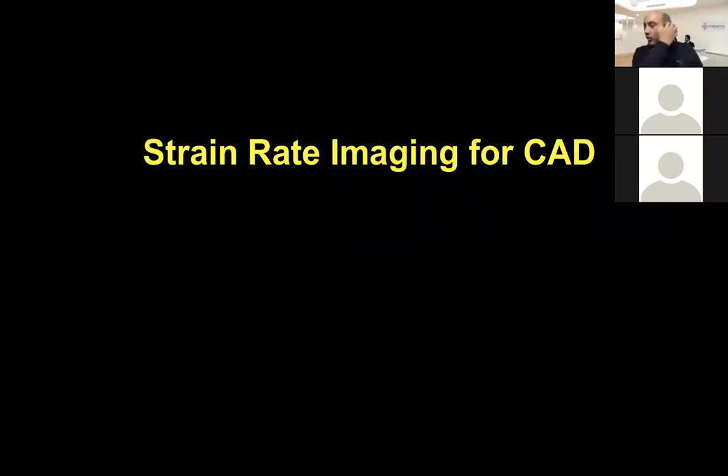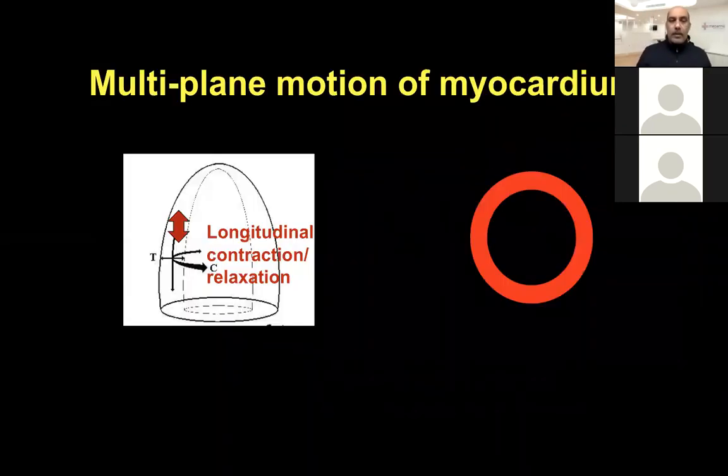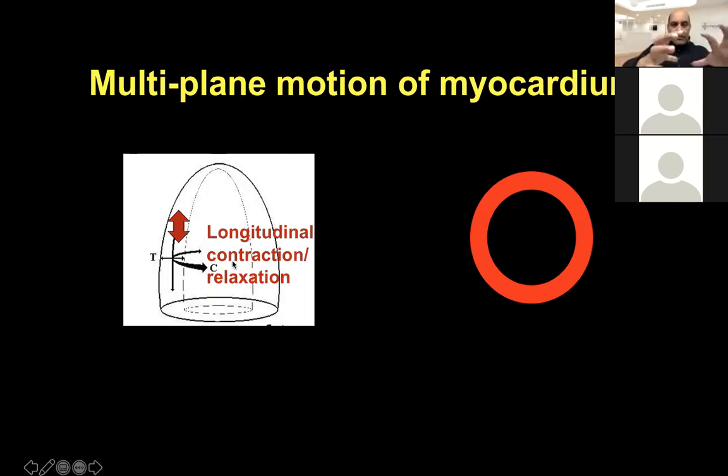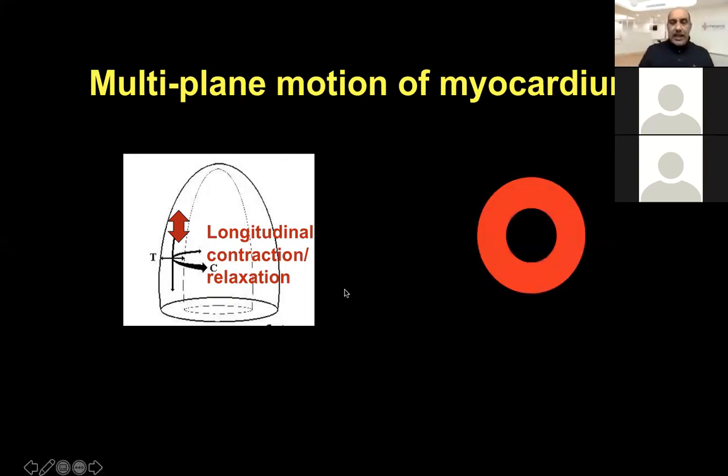I have to give you a concept of strain. If you look at multiplane imaging, the left ventricle has a base and apex. So there are a lot of contractilities here. One is that there is a contraction, the ventricle becomes shorter, just like this, and it becomes thicker during systole. So with ventricular contraction, the length of the left ventricle shortens.